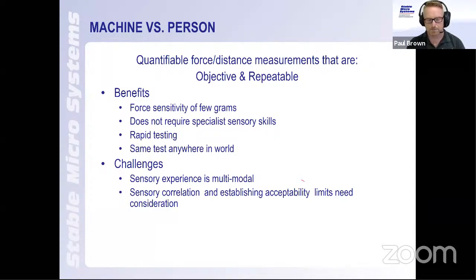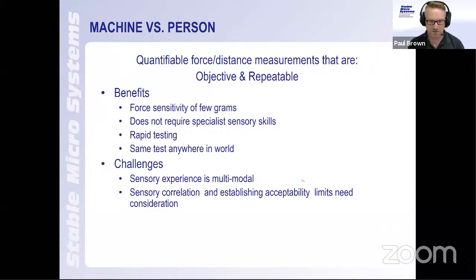Machine versus person. Why is the machine better than the person? The very best texture analyzer available is yourself, is the human person, whether it be with our eyes, our nose, our fingers. We can quantify, or we can test products very easily with our hands and our mouths, etc. However, to quantify those, the variability between person to person is enormous and it's infinitely variable.